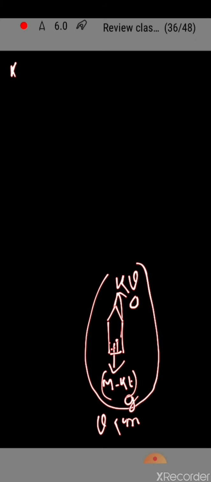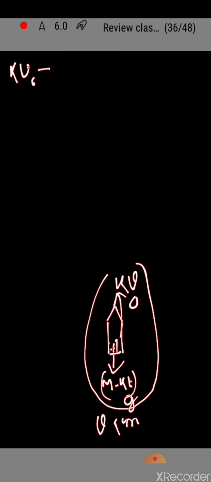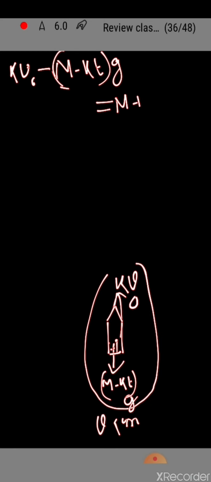I will take k v naught first; after launching, k v naught is more than the weight, so k v naught minus m minus kt into g, where the instantaneous mass is m minus kt, is equal to m minus kt into acceleration.